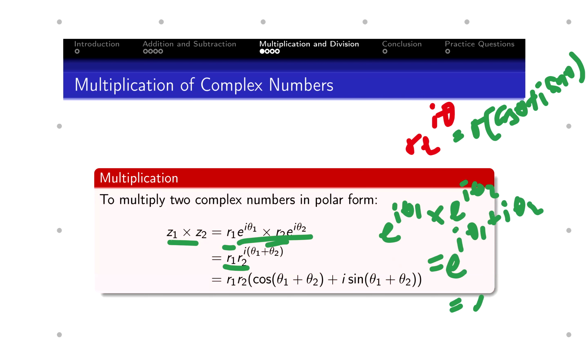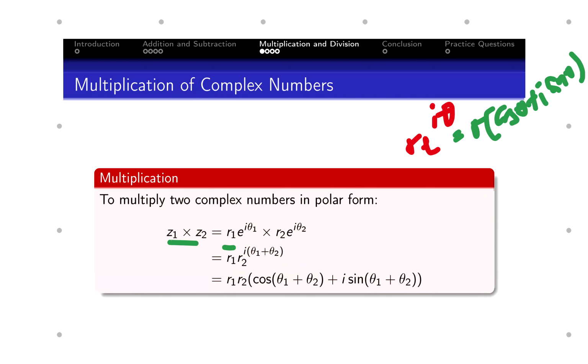Simple law of indices. And then you get what you have here. So you get r1 r2. Okay, I have e missing there, I should take care of that. So this is r1 r2 e^(i(θ1 + θ2)), like that.